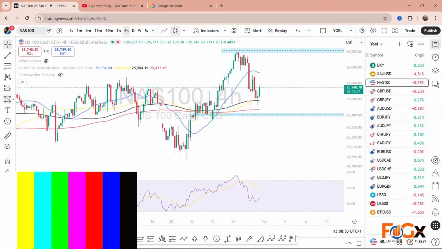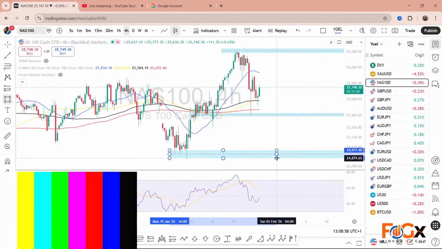Then I can have another one here. These are the immediate zones, the immediate areas. These ones too, they are there, but leave those ones. This one happened recently. Somebody else can decide to mark, but you just focus on the one that happened recently.